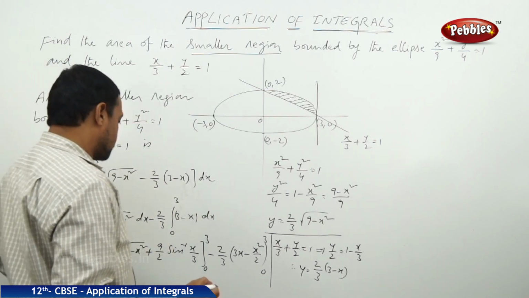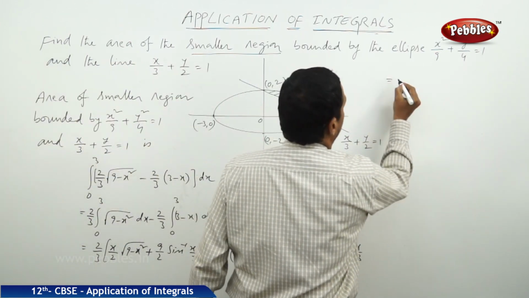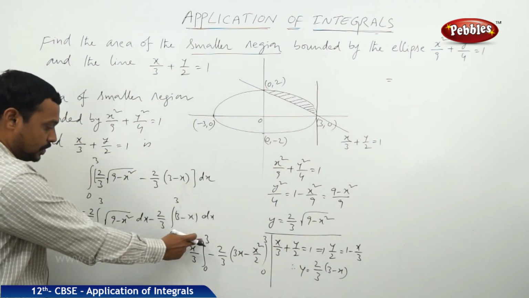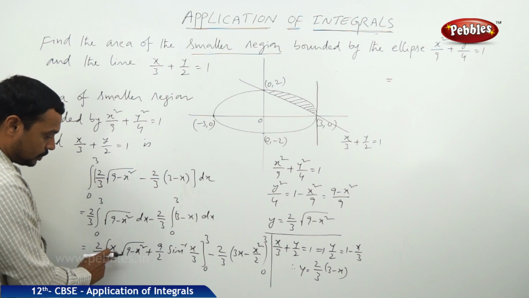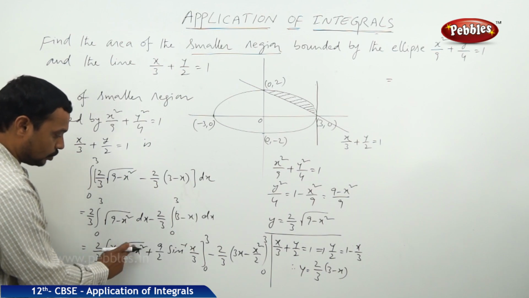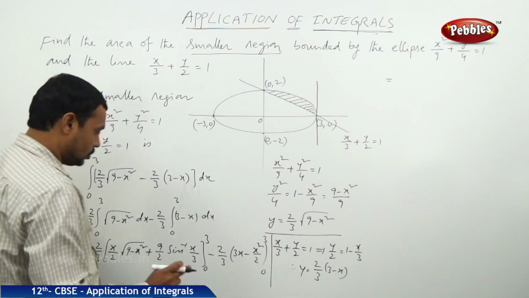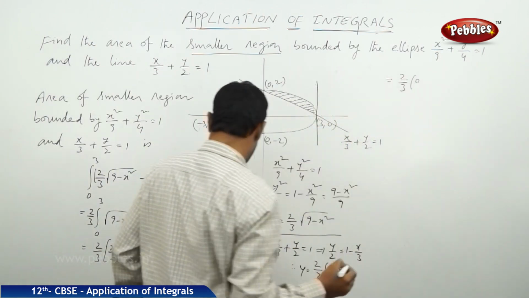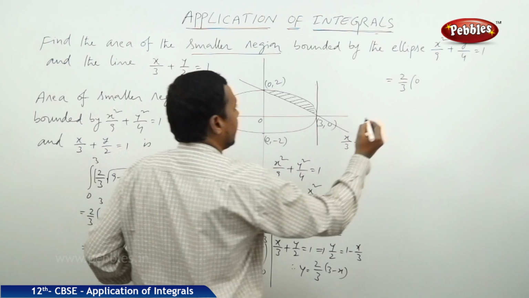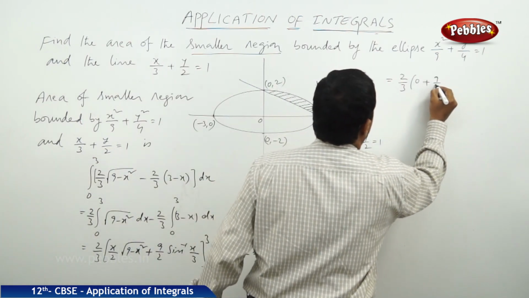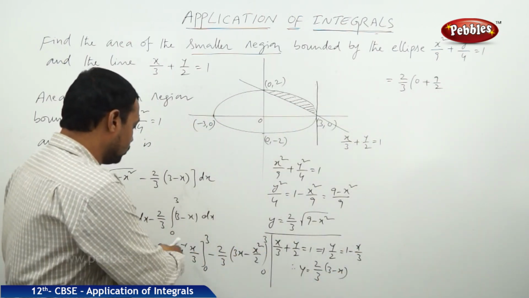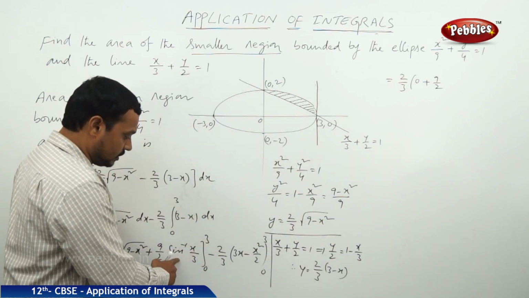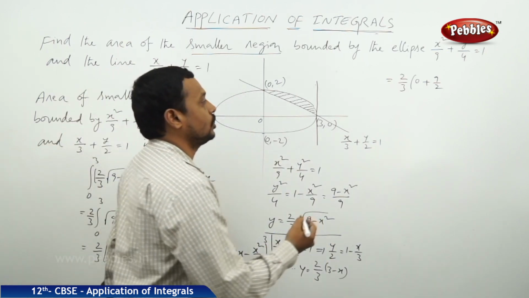Now substituting the upper and lower limits. When we substitute the upper limit here, (2/3) into (3/2)√(9 − 9) = 0, so it is (2/3)(0 + (9/2) sin⁻¹(3/3)), that is sin⁻¹(1). Sin⁻¹(1) is equal to π/2.